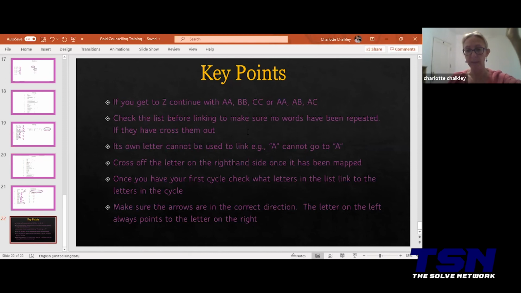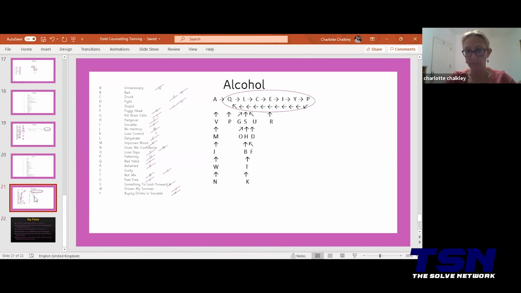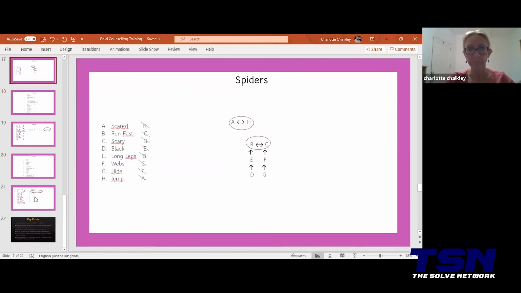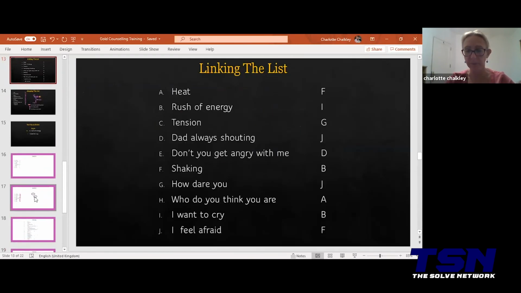So you can go back up. And I definitely recommend that you cross off that letter as soon as it is written down. Otherwise, it does get very complicated. And then from there, well, first of all, do you have any questions on that? No? Good, because it can be very complicated.